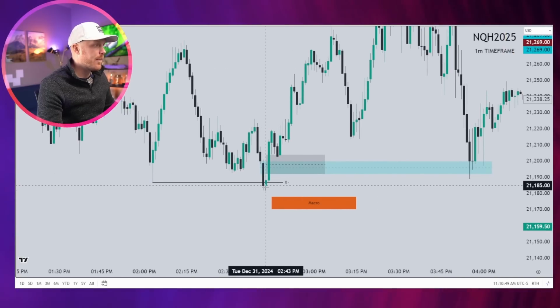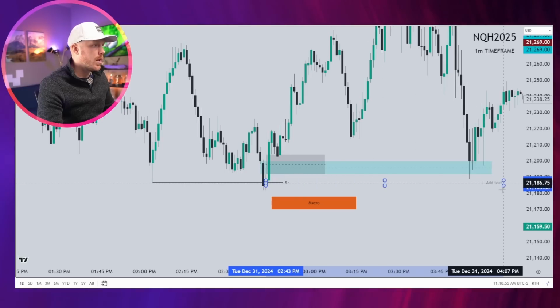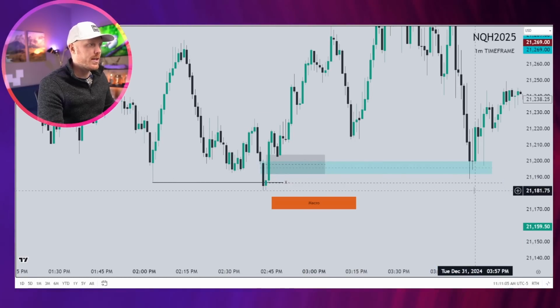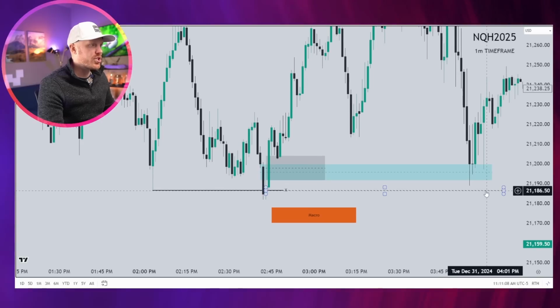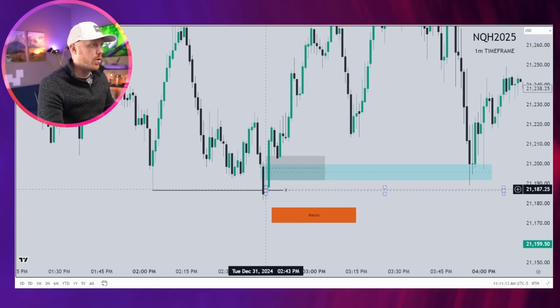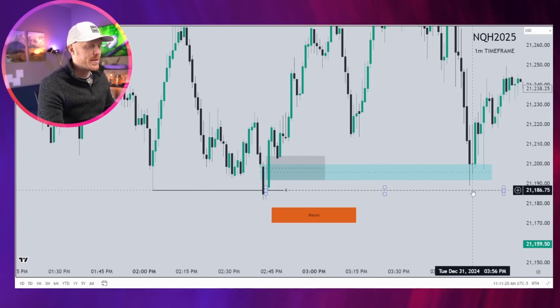And if we find the mean threshold of this first fair value gap that frames the inversion fair value gap, it does not run that low or that mean threshold either. In other words, you could set your stop right at this mean threshold of that candle framing this inversion fair value gap, and your stop would be safe.